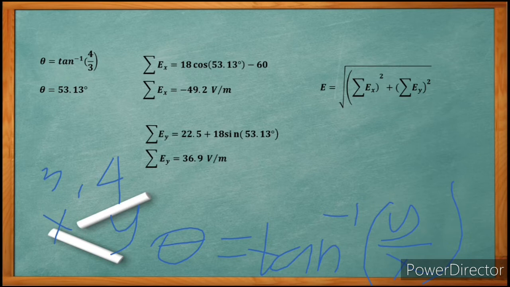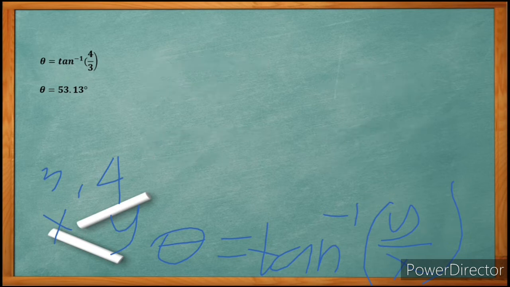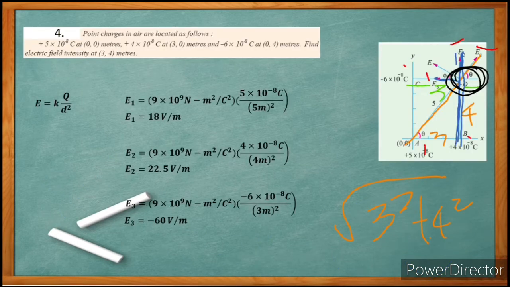So for the x component, we have negative 49.2 squared plus 36.9 squared. So for the electric field intensity, we have 61.5 volt per meter. And that is our answer for this question, the electric field intensity at 3, 4 meters.